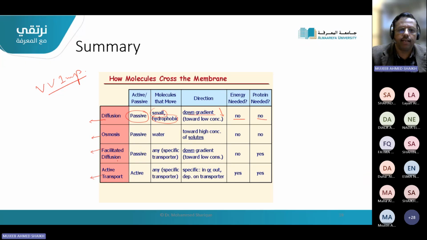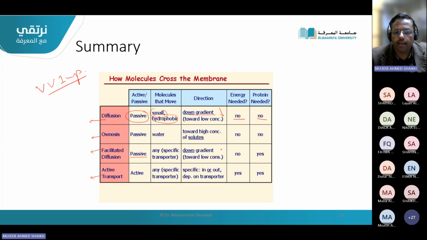And the same thing for facilitated diffusion. Is it an active or passive process? Passive. The molecules that move may be hydrophilic or hydrophobic because it is with the help of a protein or a pump. That's why there's no need to remember whether only hydrophilic or hydrophobic molecules are released.